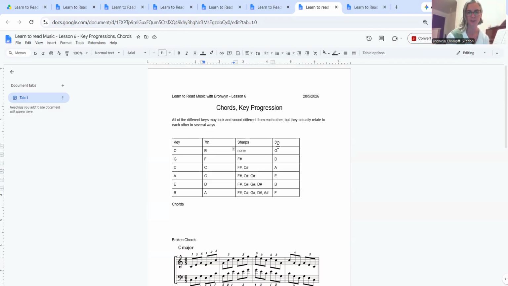So we take the fifth note, and that is the next one in the progression, G. The seventh note in the G scale is F, and so F becomes a sharp. Let me just quickly stop sharing, and I will show you what that looks like.